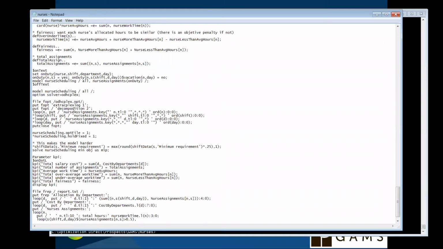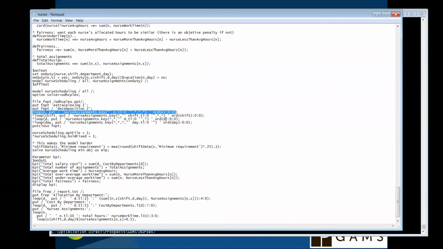Then we create a little file called odhcplex.op, which contains some options. The first one here is to say, let's see what CPLEX is doing as well as ODH. The second one says, let's use a callback for doing the model decomposition. And that decomposition is specified in this line here.